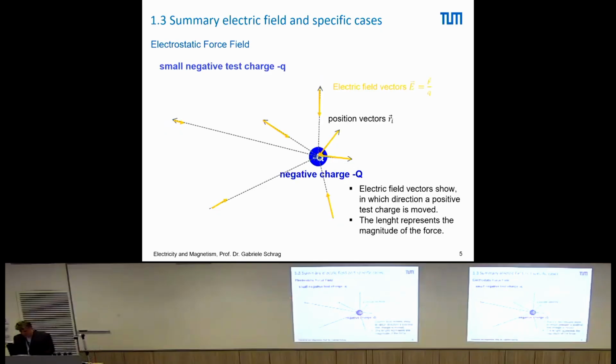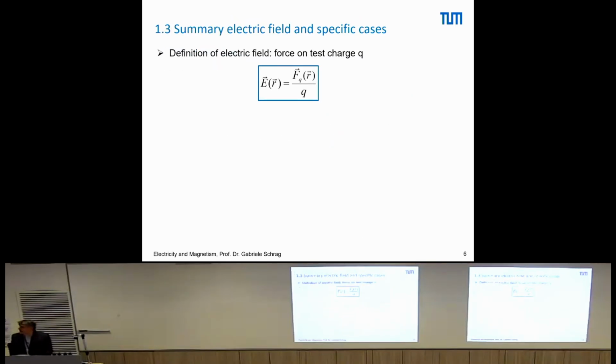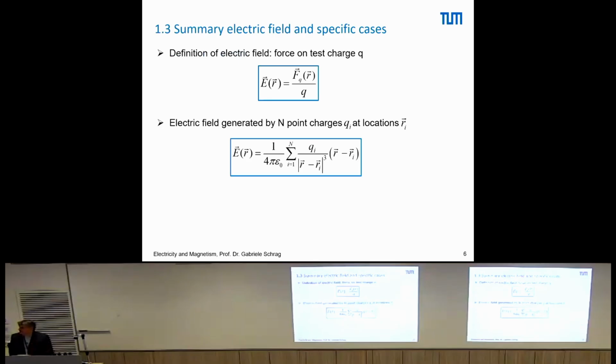How do we visualize that? We were also looking at that time. Now we have an electric field that is pointing inwards to this negative charge. So we have the definition of the electric field, that is the force divided by the charge.